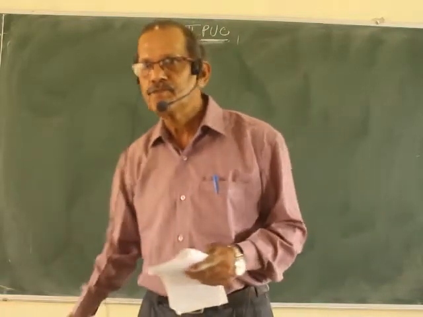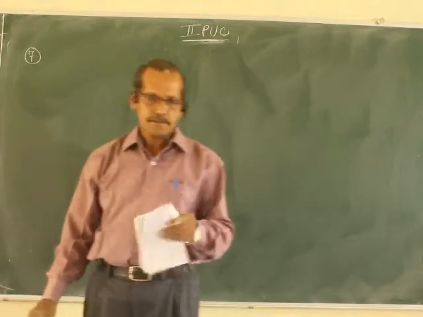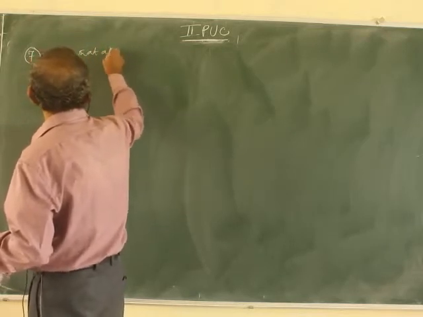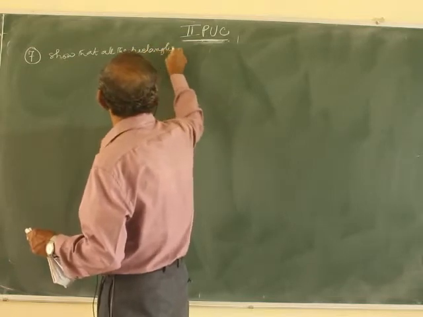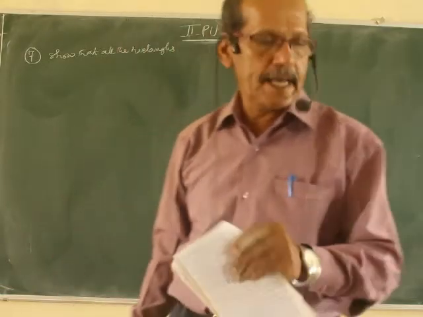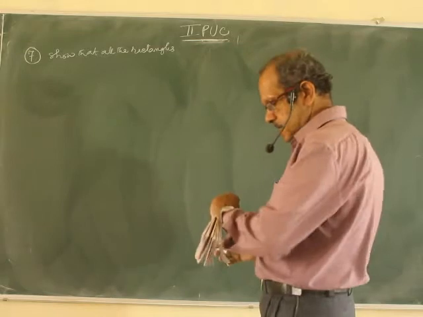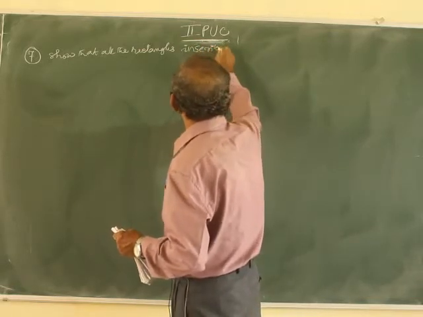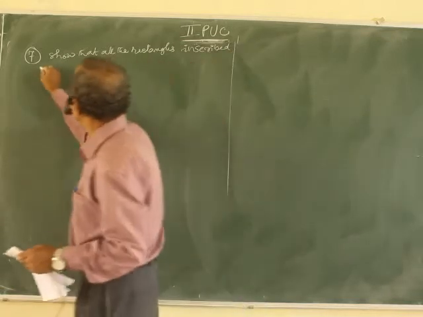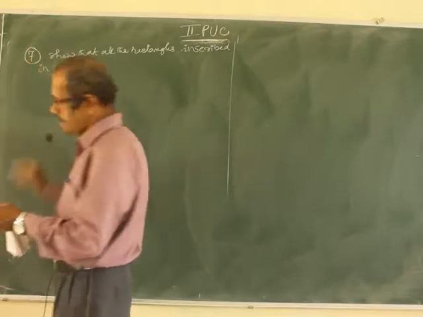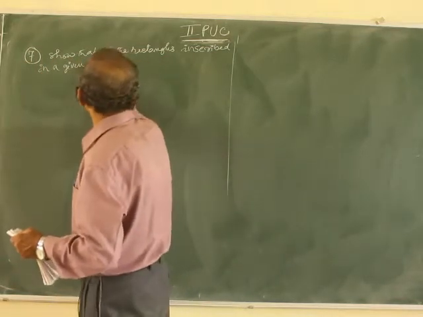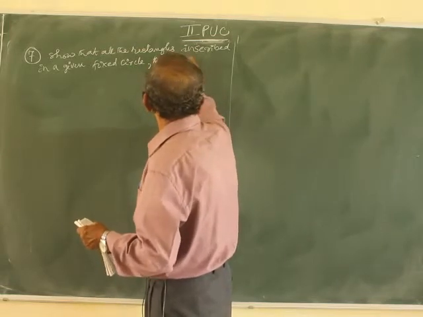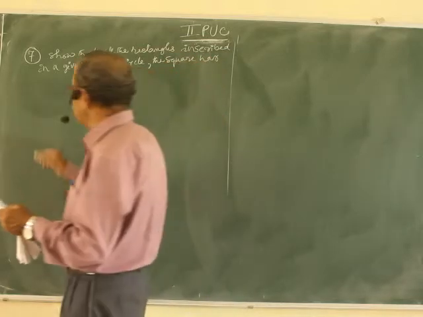Problem number 7. Seventh one. Show that all the rectangles inscribed in a given fixed circle, the square has the maximum area.